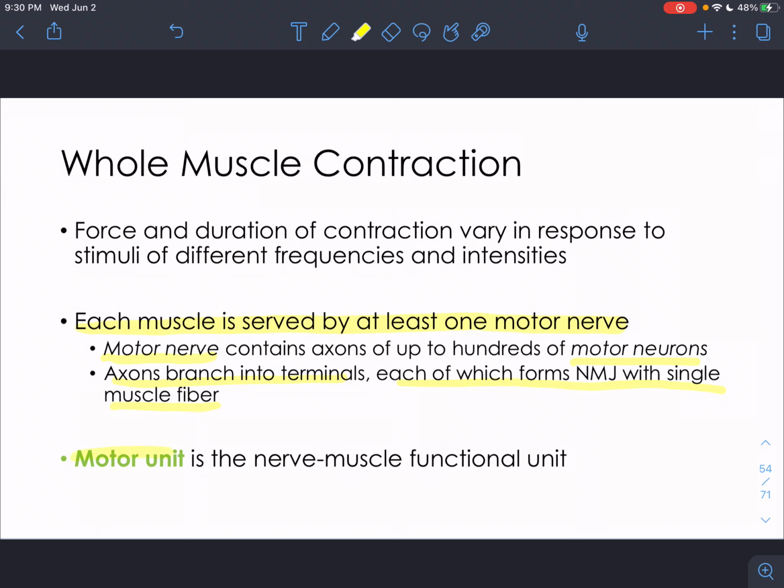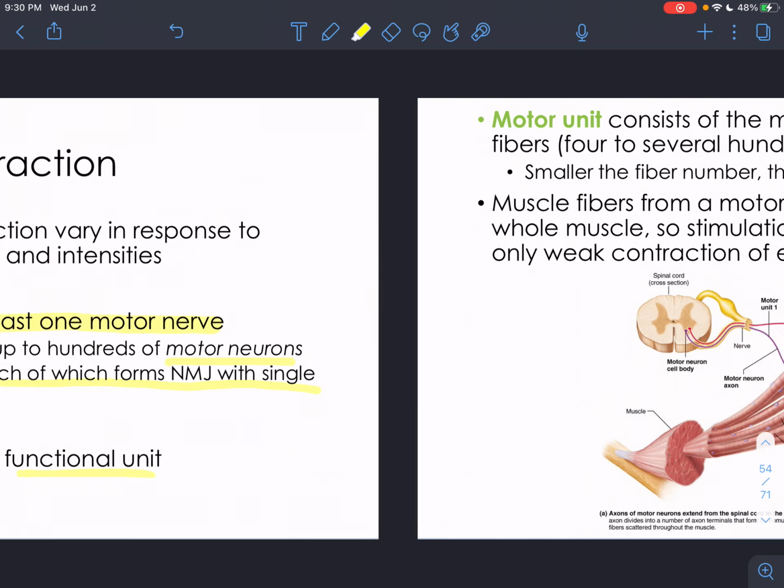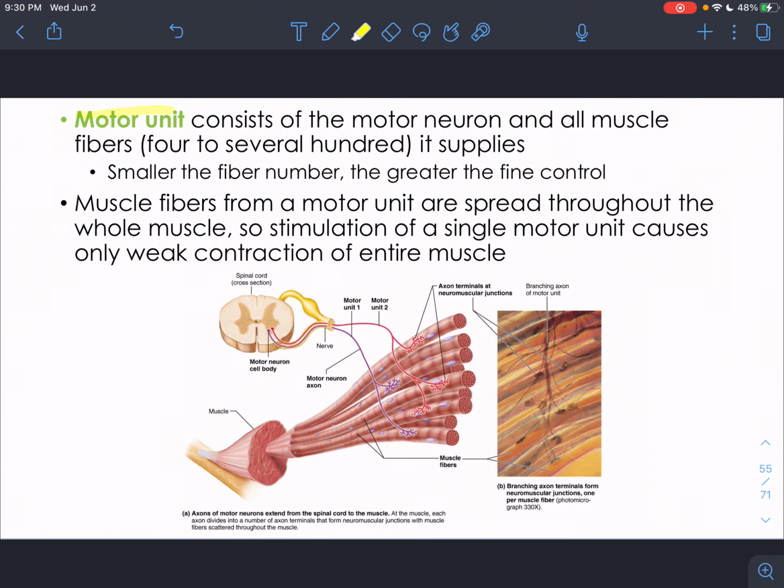And we call that the motor unit. So the motor unit is the nerve-muscle functional unit. Okay? So again, the motor unit consists of the motor neuron and all of the muscle fibers that it supplies. So some only supply 4 muscle fibers, some supply up to 100 muscle fibers.